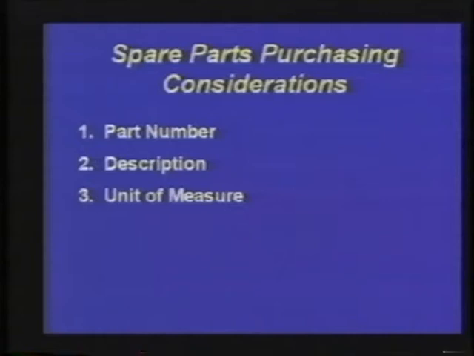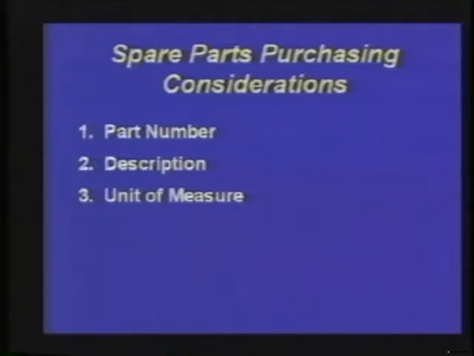And again, this is not for the traditional run-of-the-mill electrical and plumbing and hardware and other items that we can buy from any supplier at any point in time. I'm talking about some of the key issues relative to spare parts. Again, the first 3 are the part number, the description, and the unit of measure.